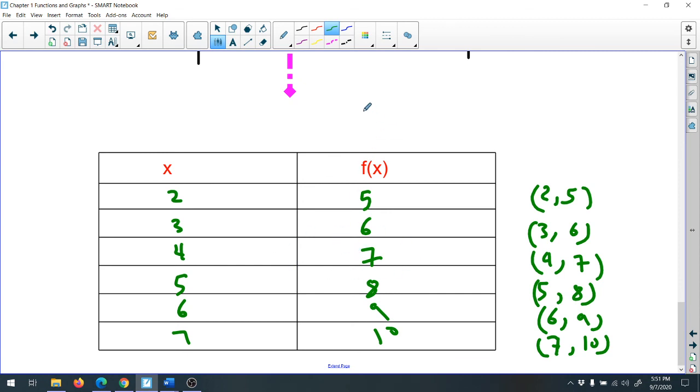So the relationship is f of x equals x plus 3. That's the function's rule, x plus 3.